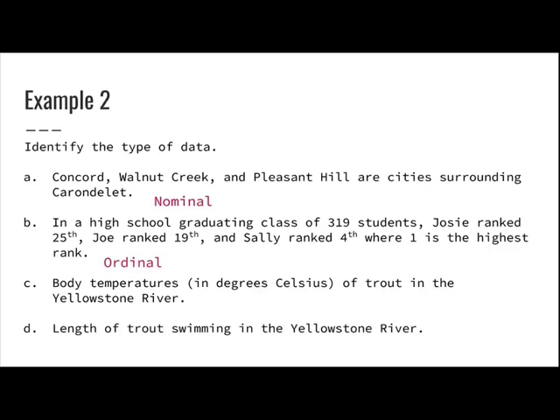So for this one, it would be interval. Now we have the length of trout swimming in the Yellowstone River. This data is going to be at the ratio level, because we could say an 18-inch trout is 3 times as long as a 6-inch trout, and we can divide 6 into 18 to determine the meaningful ratio of trout lengths.